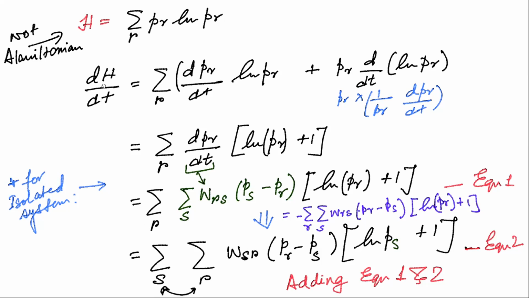If we wished, we could have written dH/dt equal to summation over S, all microstates, dPS/dt ln PS. Exchanging these two indices, on the other hand, we take out the minus sign and exchange S and R, and correspondingly you would get WSR, PR minus PS, ln PS plus 1.